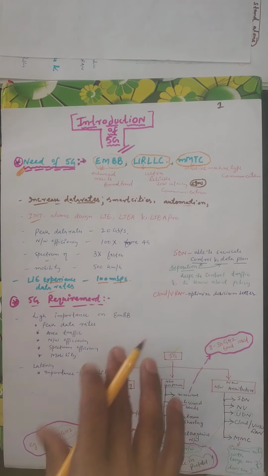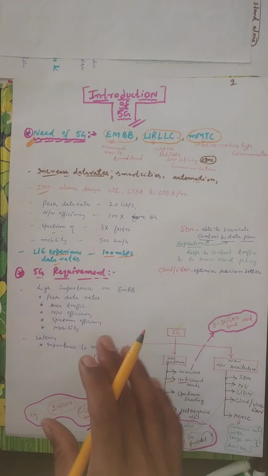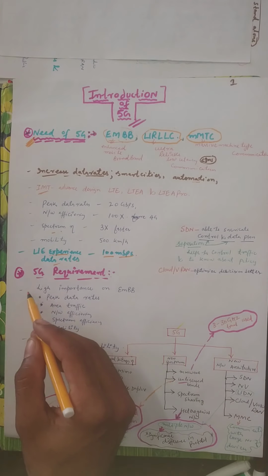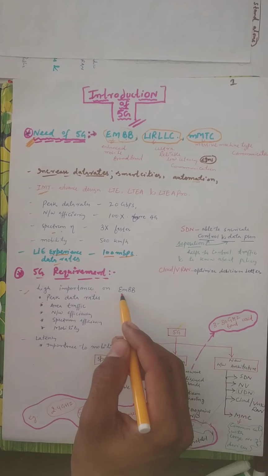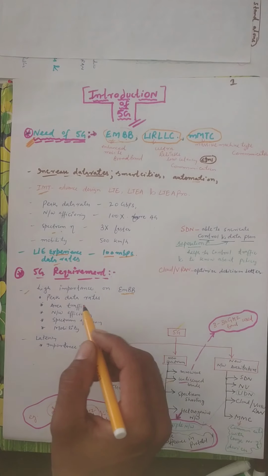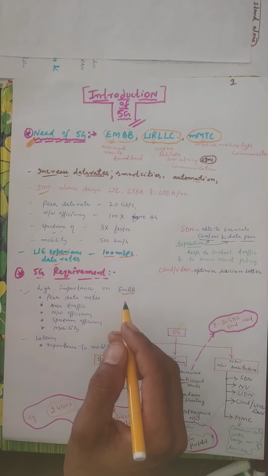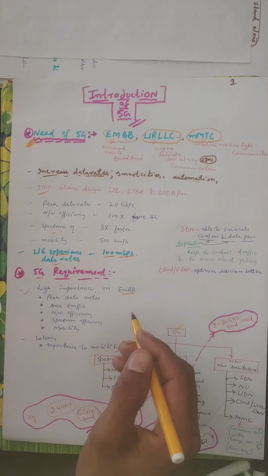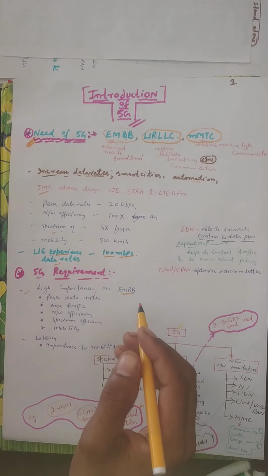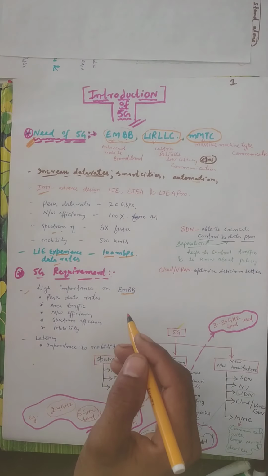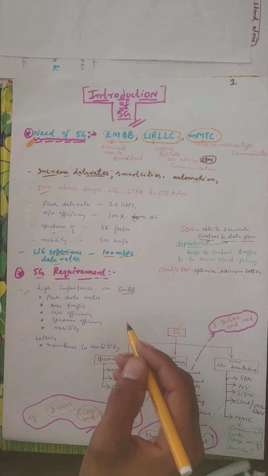So next one is the 5G requirements. Basically, 5G puts high importance on enhanced mobile broadband. 5G gives maximum importance to devices, the user terminal devices or mobile handsets used for the 5G communication system.